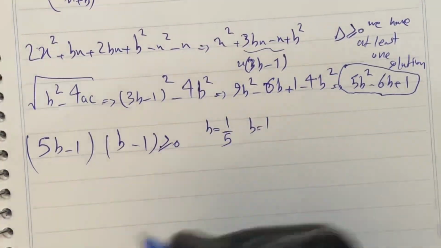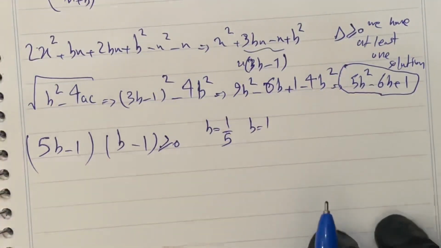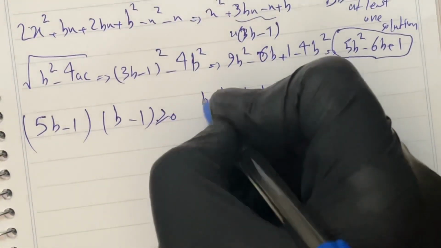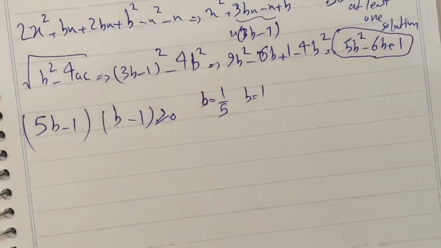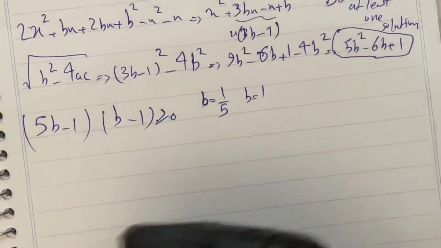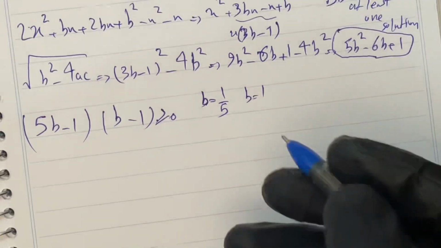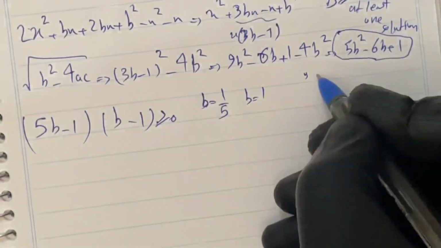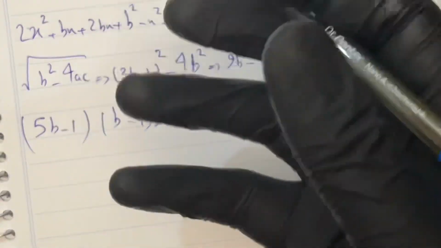We have two solutions. Now, what is the important thing I want to teach you here? Knowing whether a function, an equation, is negative or positive. When we say the roots, we mean the points at which the value of the function is 0.